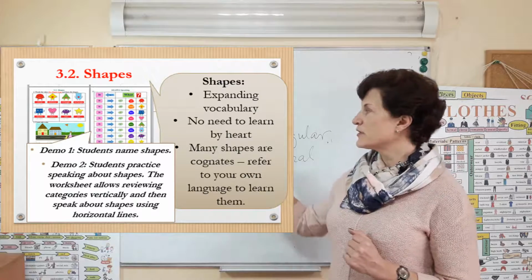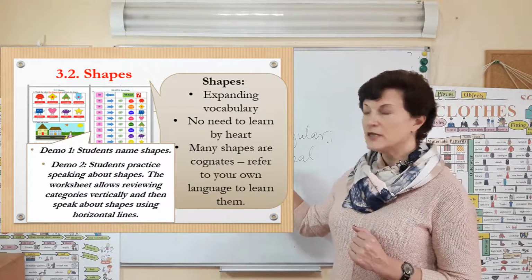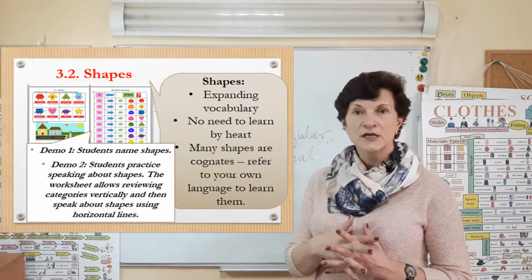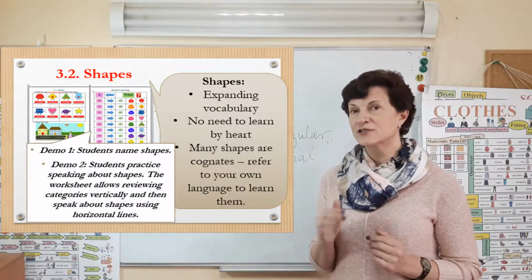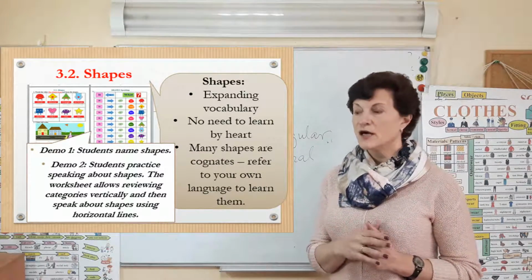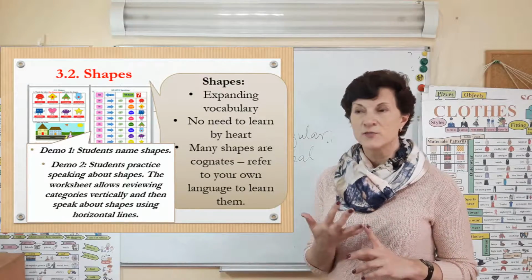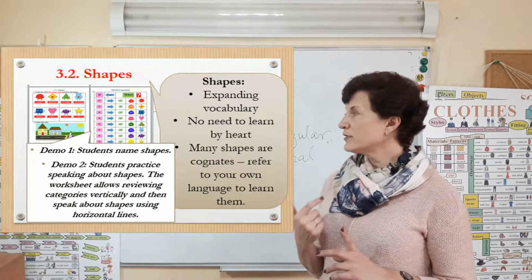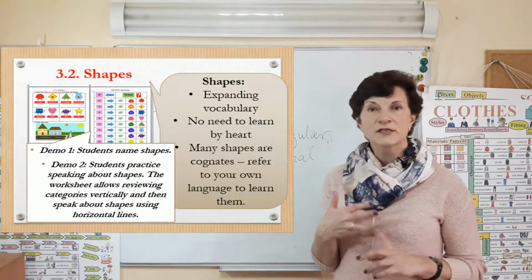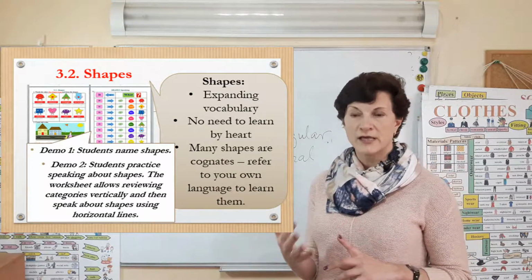Again, shapes belong to the expanding vocabulary, the same as colors, so you don't need to learn them by heart. However, shapes may be learned through many ways, and one of them is to find cognates in your own language.